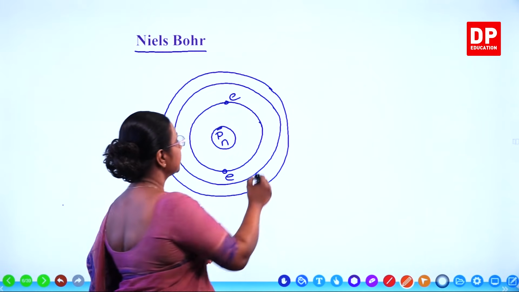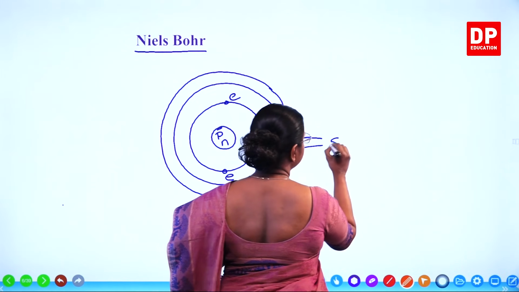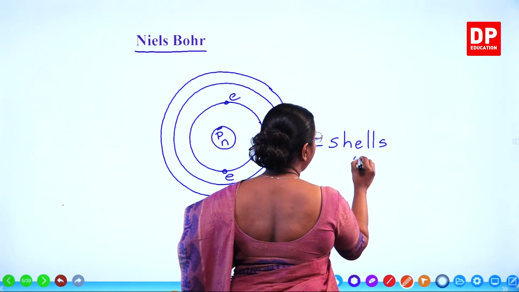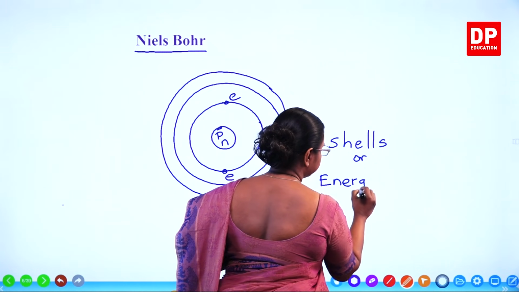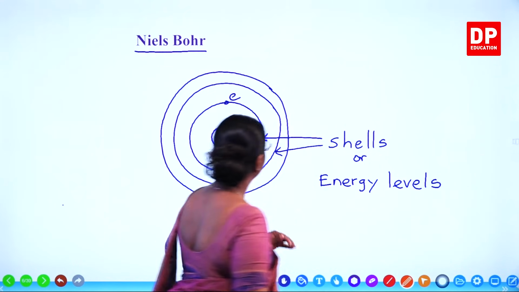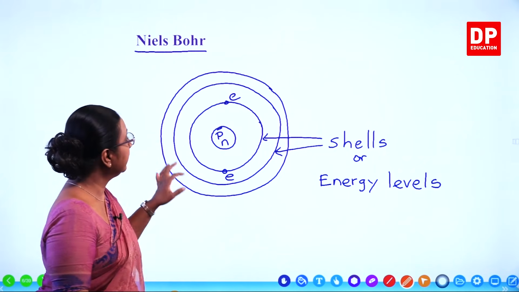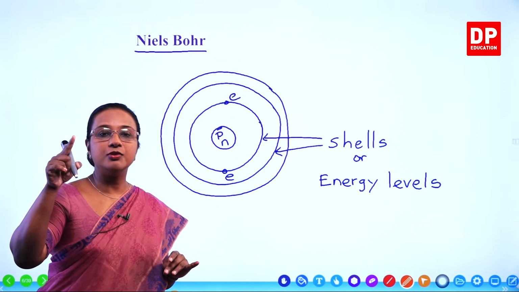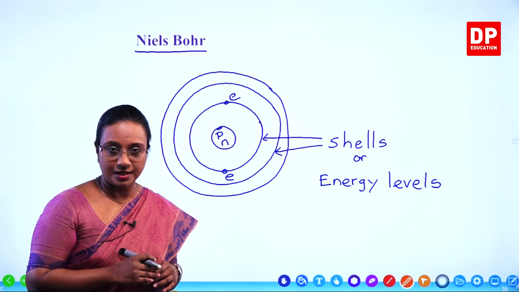And these paths are called shells. We have special names. They are known as shells or energy levels. Now, there can be different numbers of electrons in different shells. They are called shells because they are around the nucleus and it is a definite path.